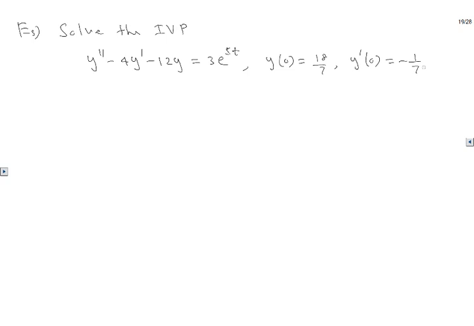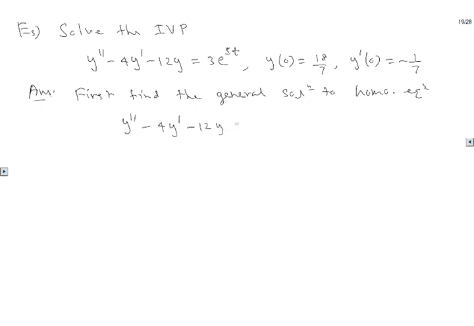If you get a problem like that, normally the first thing to do is to find the complementary solution. So first find the general solution to the homogeneous equation, y double prime minus 4y prime minus 12y equals 0.